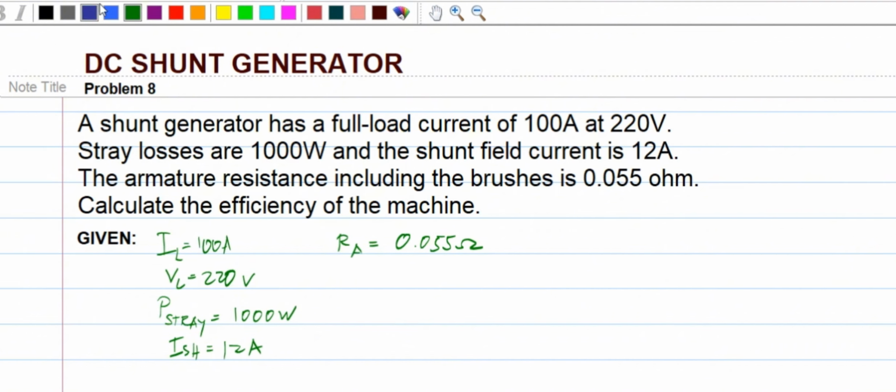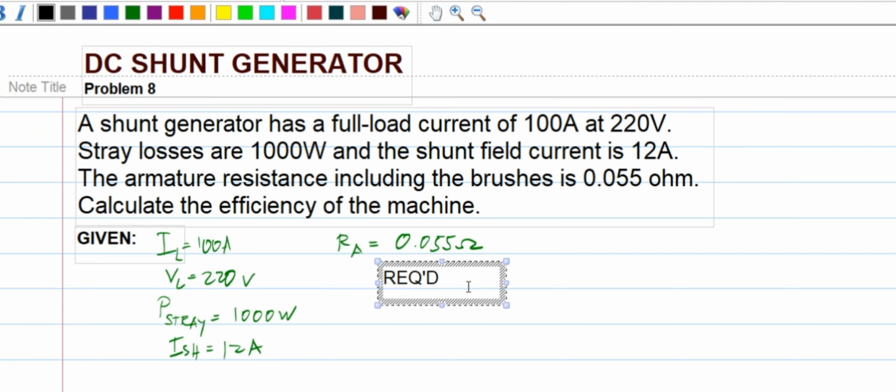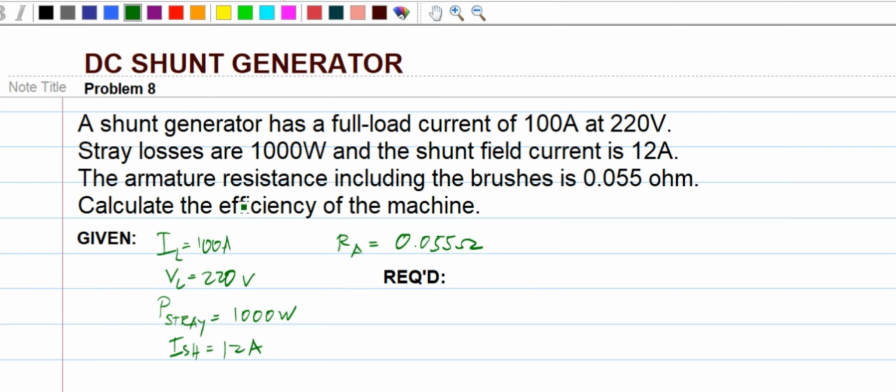What is required here is to find the efficiency of the machine, or the overall efficiency.